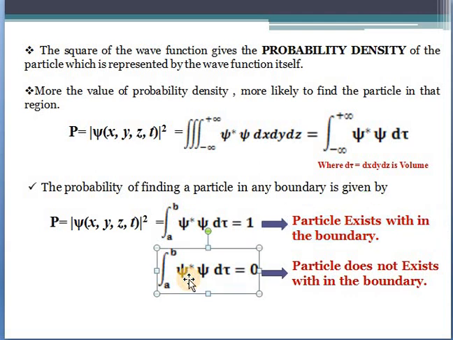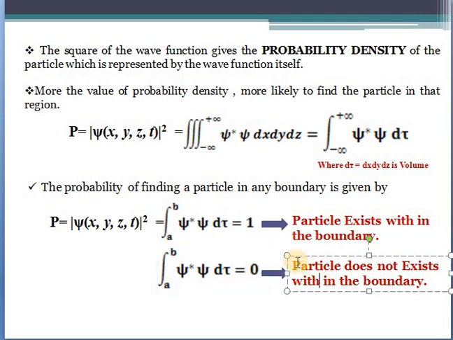And if you calculate the probability density within the integral a to b, and you get psi star psi d tau equal to 0, then you can conclude that the particle does not exist within that boundary.